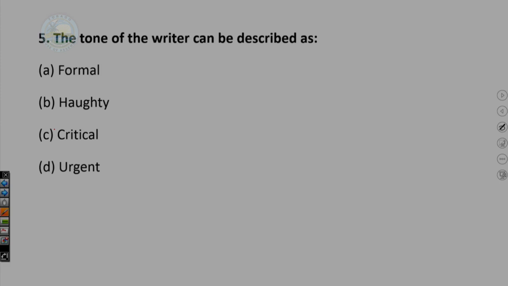If you can recall, as we did our lesson today, we spoke repeatedly about the kind of tone and the kind of language that's required for our expository writing. The tone that is used for our notices falls under the category of formal. Expository writing always utilizes a formal tone.